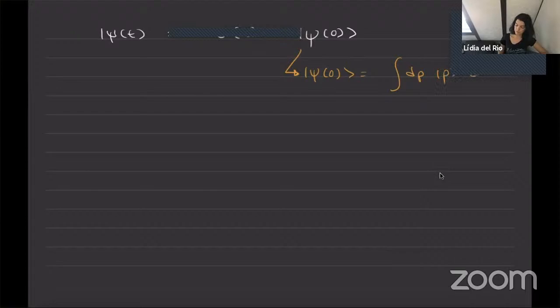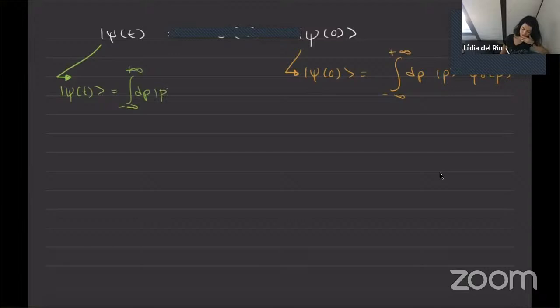And now this wave function, and now here on the left, the evolved state is the same thing, of p and t. And now we can replace the p and t there.